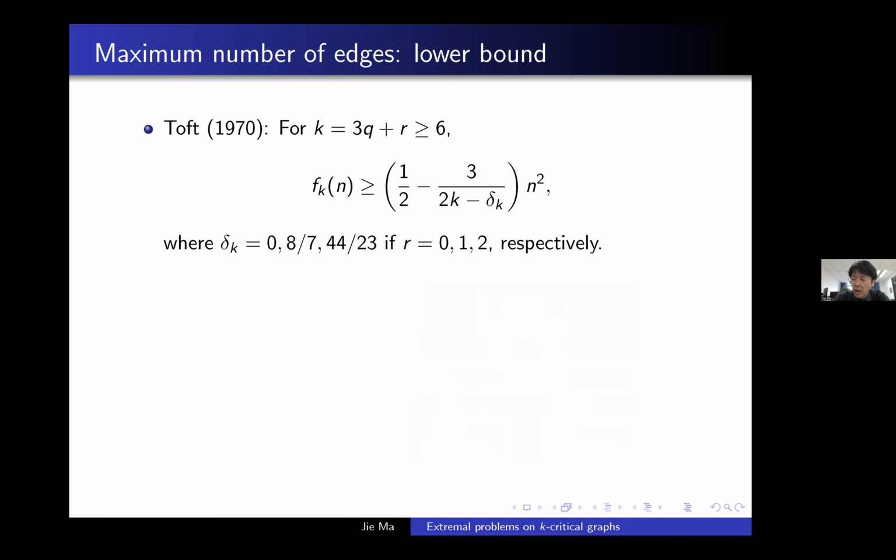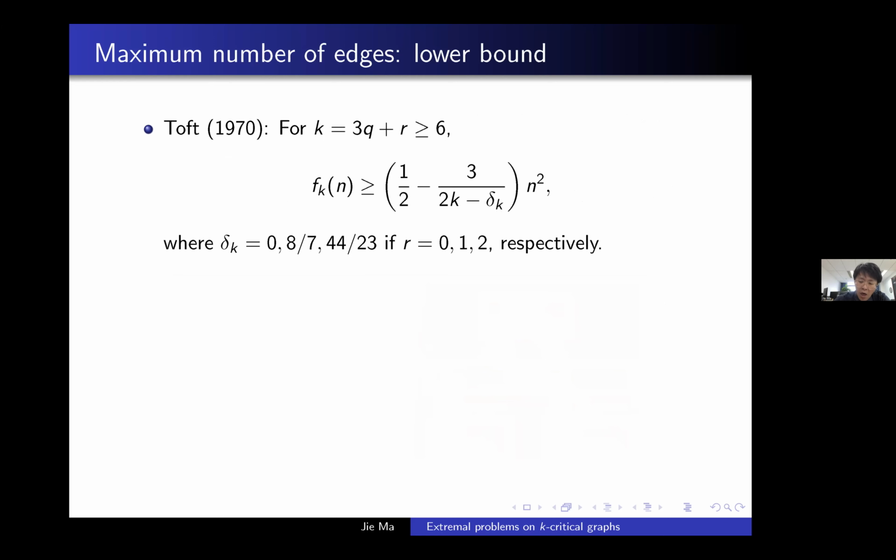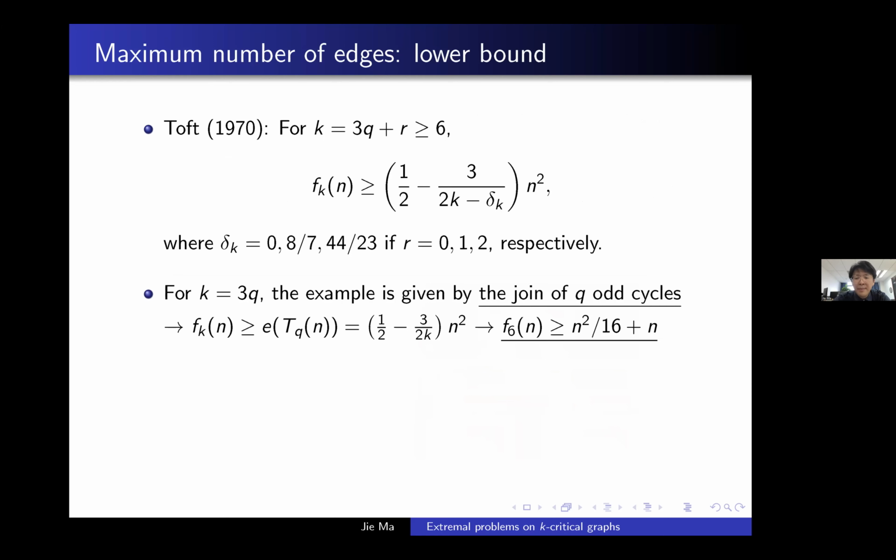There's another family of construction which beats this construction when k is at least 6. The construction is basically simpler. Just take an example: say k is 3q. The example is just taking the join of q odd cycles, because it's obvious.